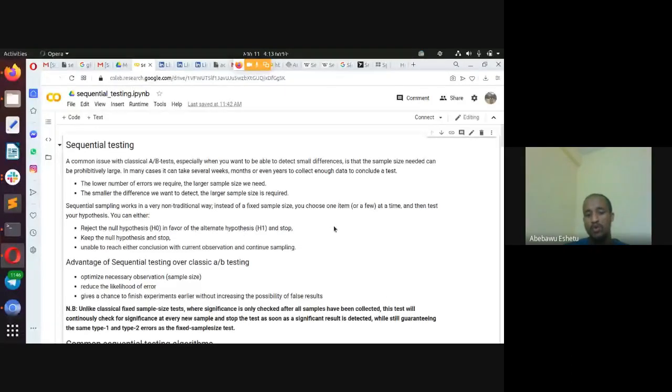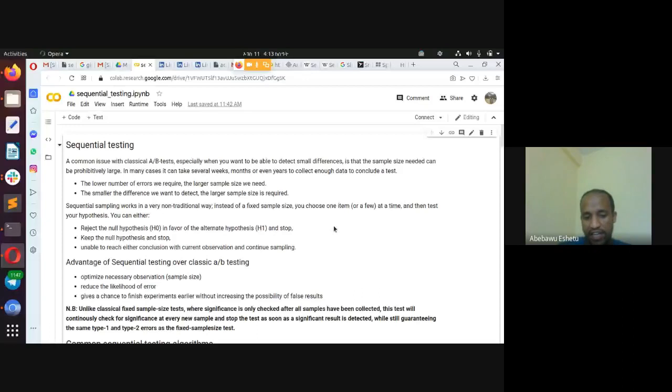And even with this small size data decision, it does not increase the possibility of false results. So we finish the experiment with a small data size, but keep the false rate as usual as in the classical A/B testing approach.